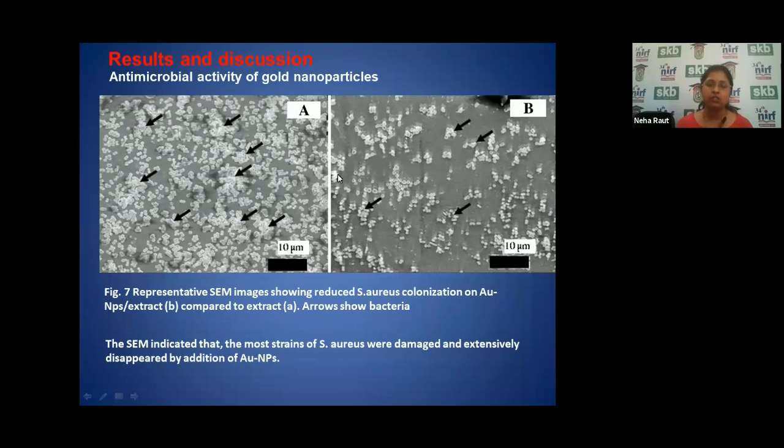So it indicates that the nanoparticle has better efficiency and better antibacterial activity in comparison with the plain extract. Most strains of S. aureus were damaged and extensively disappeared by addition of gold nanoparticles. So this gold nanoparticle has better antibacterial activity.